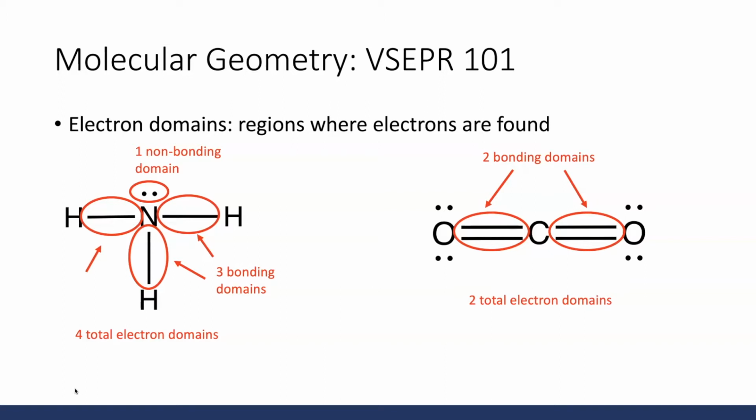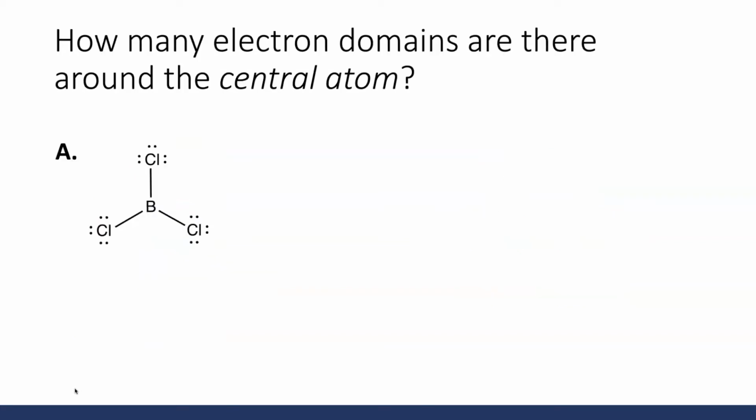So the 2 domains for CO2 are going to give it a very different shape than the 4 electron domains in NH3. When we're considering domains, we should only be considering the central atom.